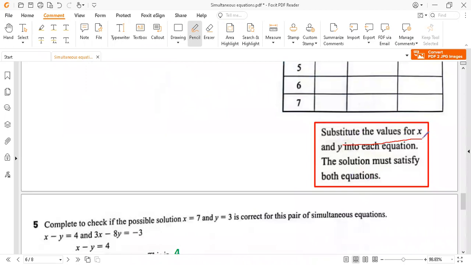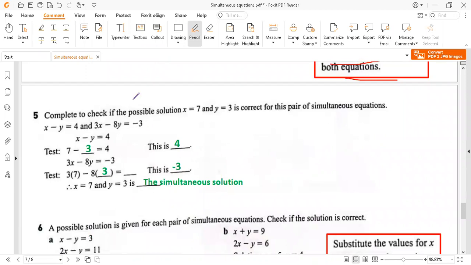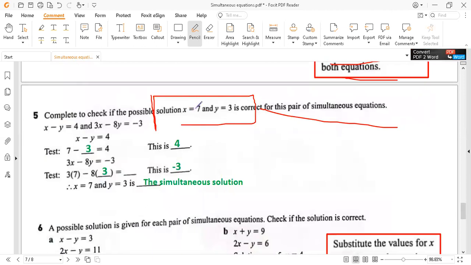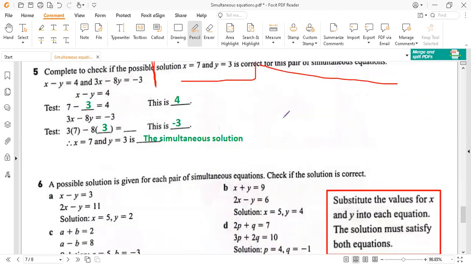Okay, substitute the values for x and y into each equation. The solution must satisfy both equations. Good. Also, how to check if the given solution is a simultaneous solution? Easy. We substitute the value of x and the value of y in both equations, and both equations should be verified. If one is not verified, then normally the given values of x, y aren't our simultaneous solution.